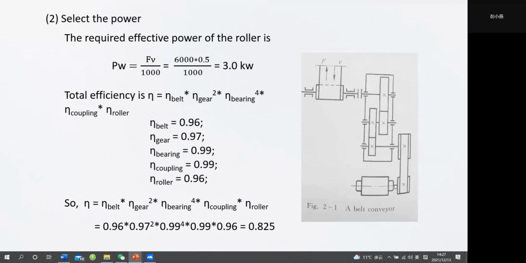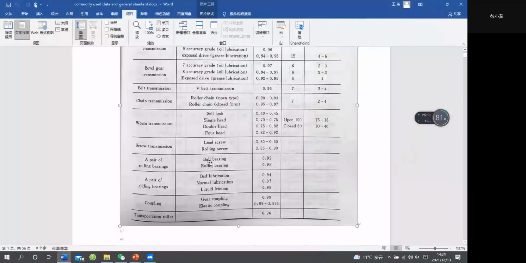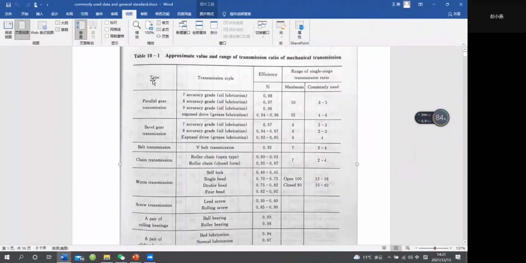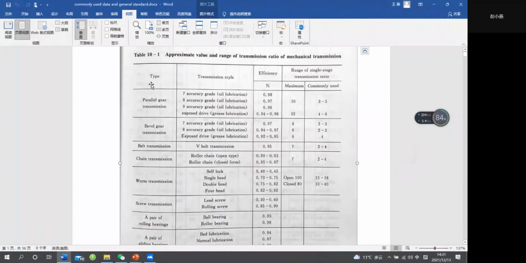Okay. Determine the efficiency of the component. For example, you can obtain it from this table. For the belt, when you choose the efficiency of the belt, you should choose a accuracy grade first.